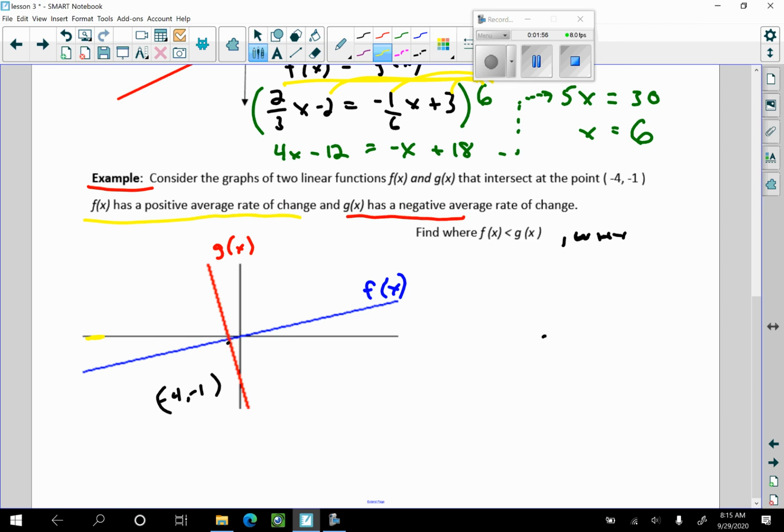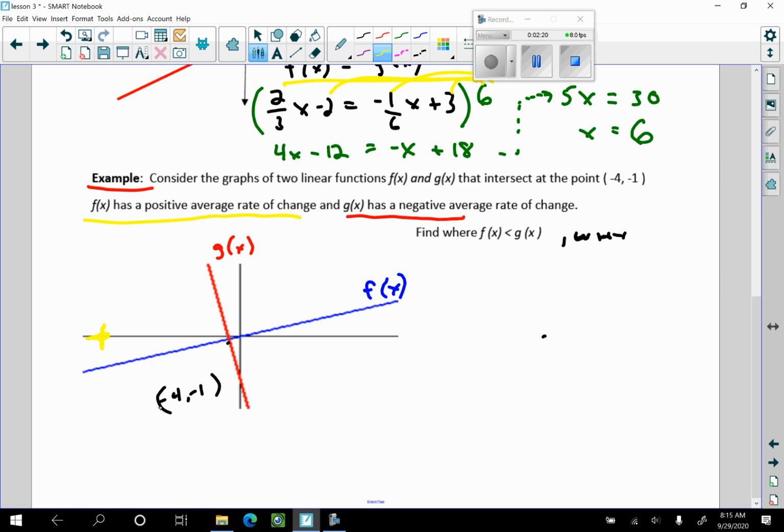So if I take this x value right there, oh, golly gee, it doesn't look like f of x, which is this positive average rate of change, is below g of x, does it? I mean, it doesn't. But is it?